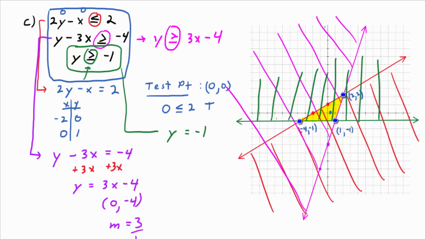How do you tell for sure? Well, you could check your guess by plugging into the relevant equation. So for instance, this line in red here is given by the equation 2y minus x equals 2. And the line in green here is y equals -1. So you could check by plugging into both equations.